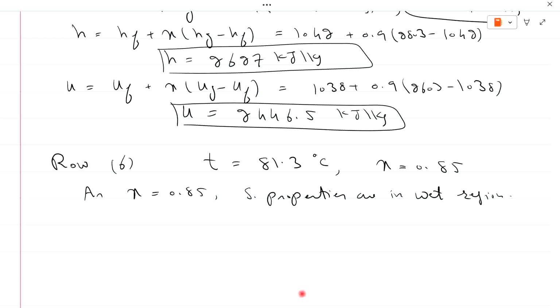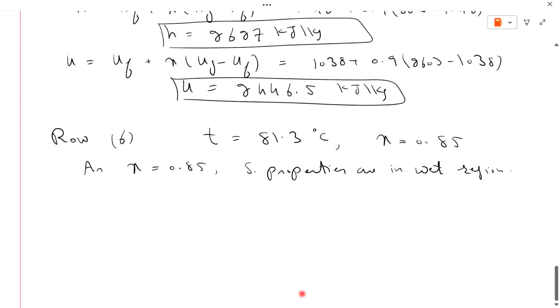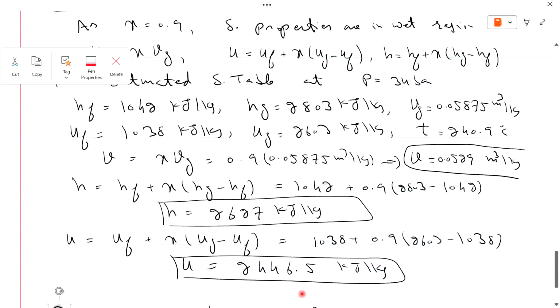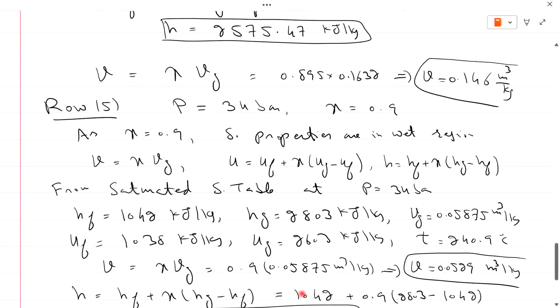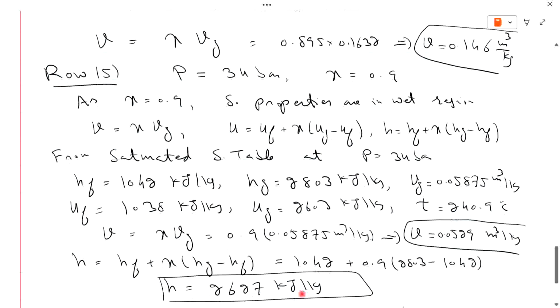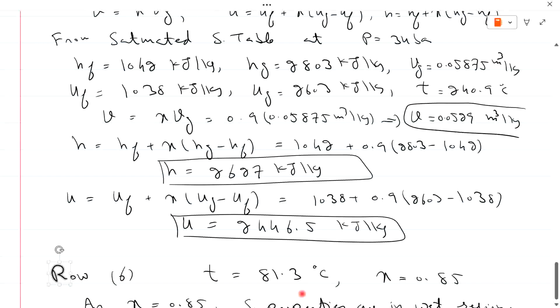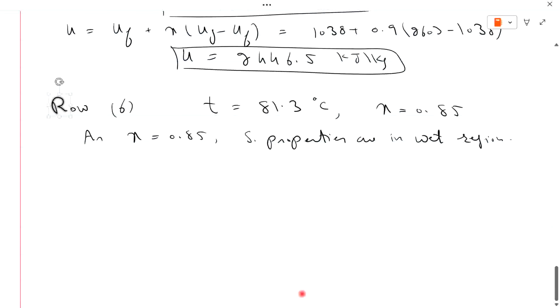So use these formulas: v is equal to x vg, h is equal to hf plus x(hg minus hf), u is equal to uf plus x(ug minus uf).